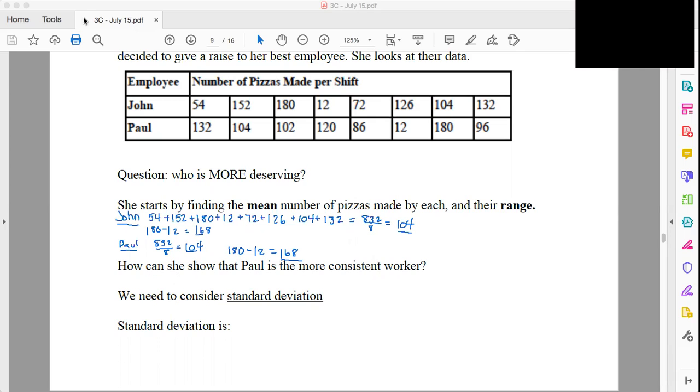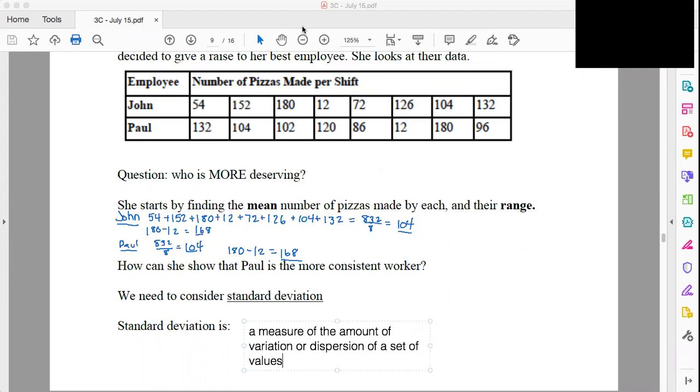The standard deviation is a measure of the amount of variation or dispersion of a set of values. And you're probably sitting there like, Miss Lafreniere, what the heck does that mean?